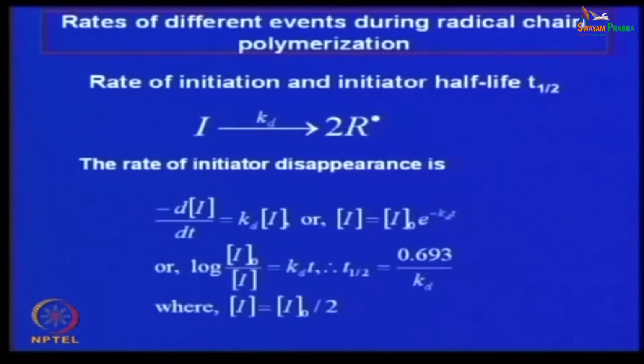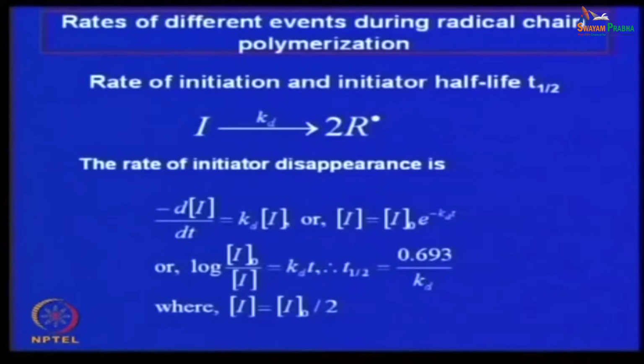So, you have seen sequences of events like initiator decomposition followed by initiation of monomers for polymerization. Once a monomer molecule is initiated, it starts propagation to form bigger chain molecules.